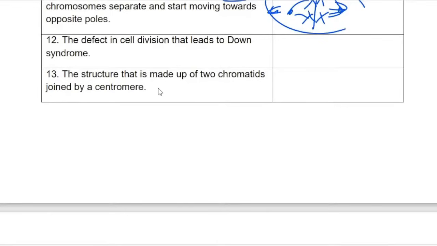The structure made up of two chromatids joined together by the centromere, we call it a chromosome.